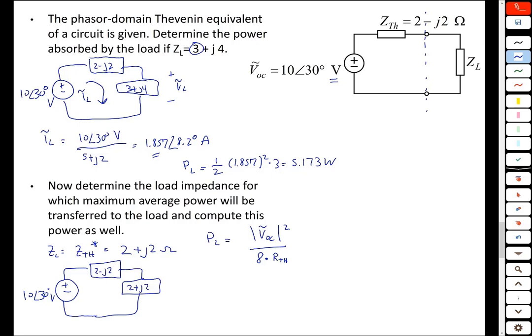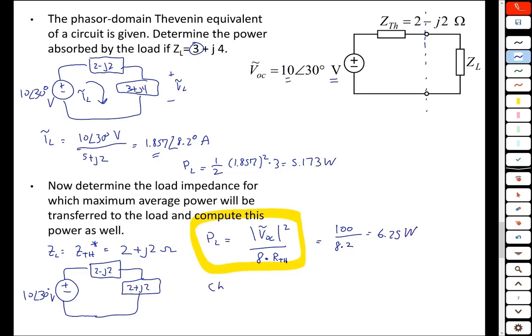Once again, this equation can only be used in maximum power transfer. So we could not have used this equation in the part above, but we can use it now. It equals what? VOC, 10 volts, so you get 100 over 8 times 2, or 6.25 watts.